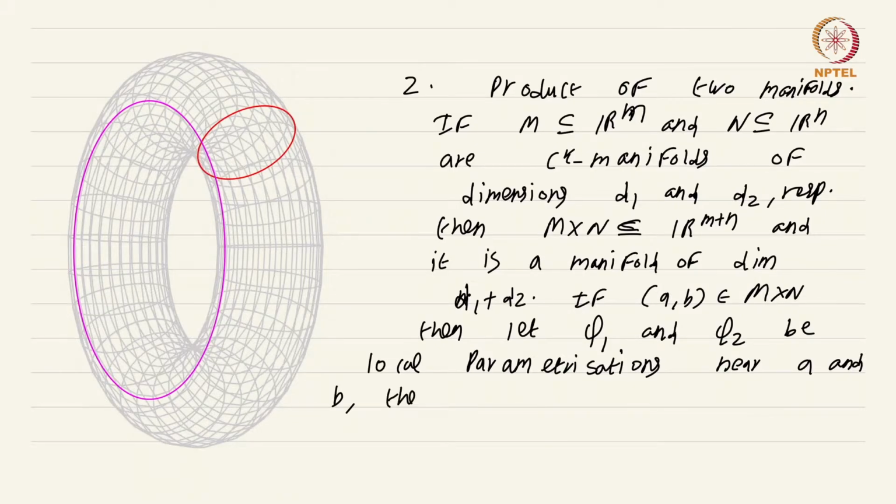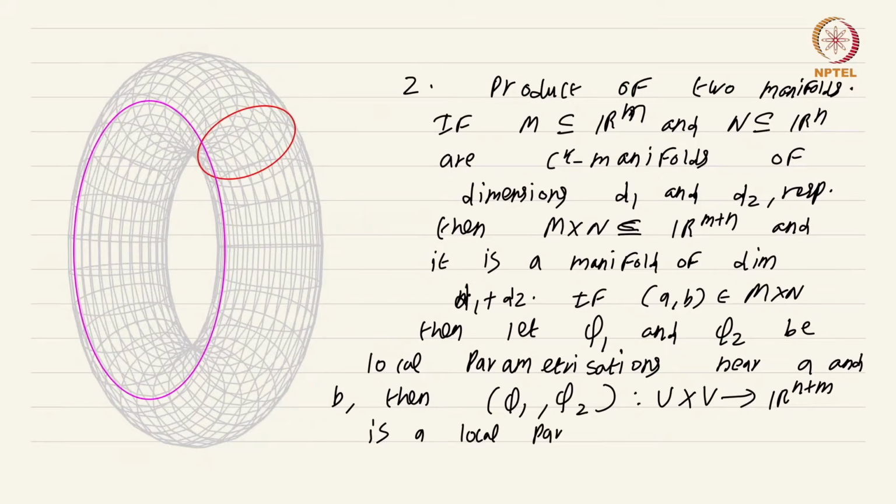Then this new function phi1 comma phi2, so let's say phi1's domain was U and phi2's domain was V, so this will be from U cross V to R m plus n, is a local parameterization near a comma b.